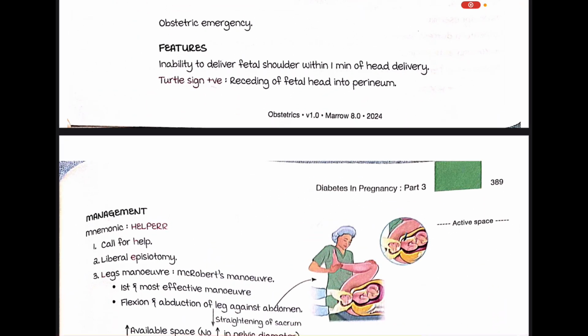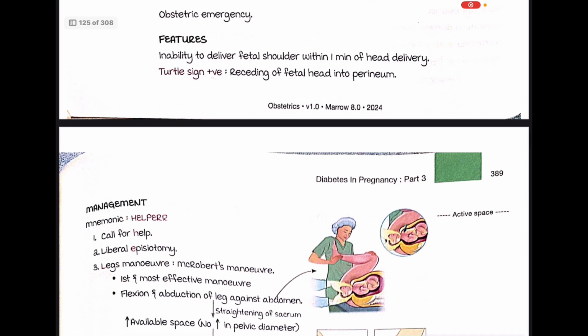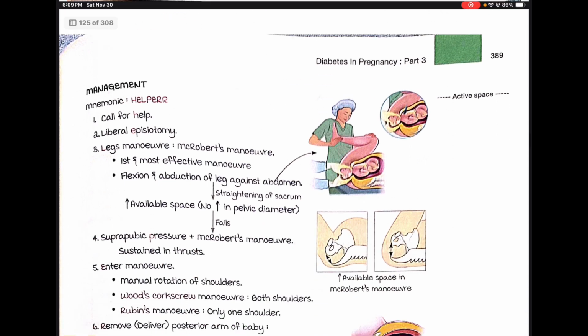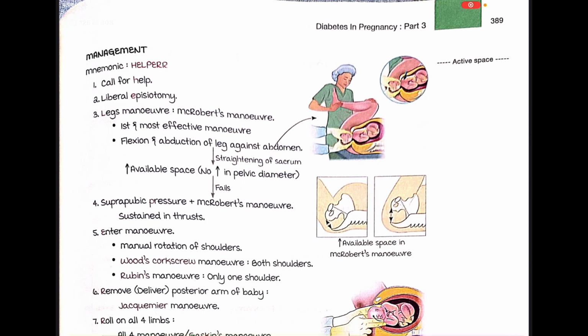Shoulder dystocia is an obstetric emergency. Features: inability to deliver the fetal shoulder within 1 minute of head delivery. Turtle sign positive: receding of the fetal head into the perineum. Management: call for help, liberal episiotomy, legs maneuver.